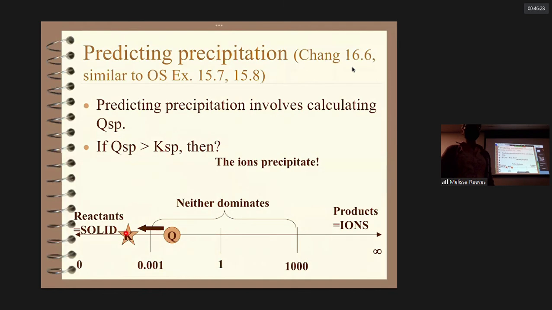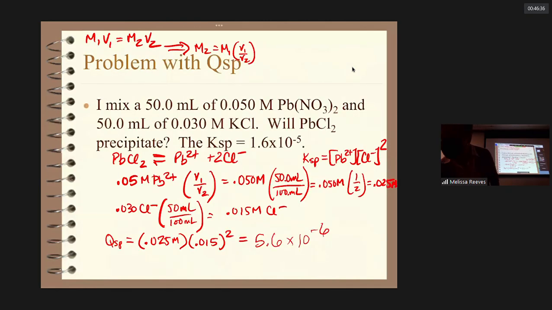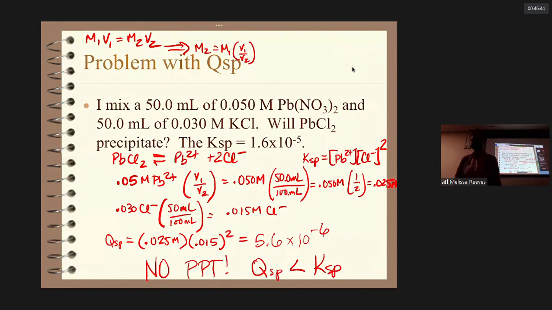That means more ions have to dissolve to reach equilibrium. So we do not get a precipitate in this question. And the reasoning is that Q is less than K.